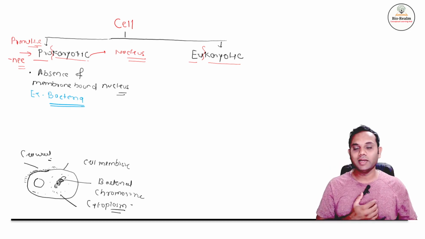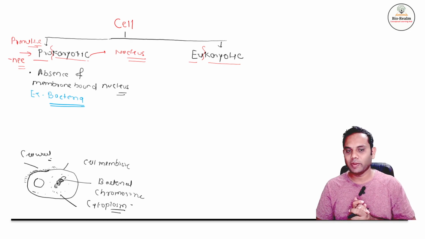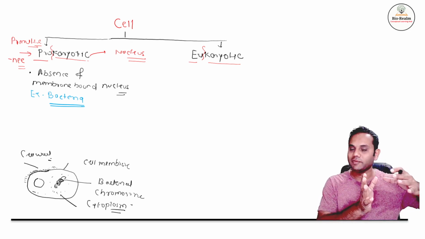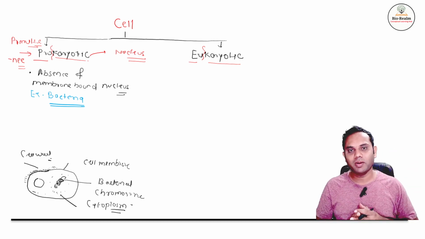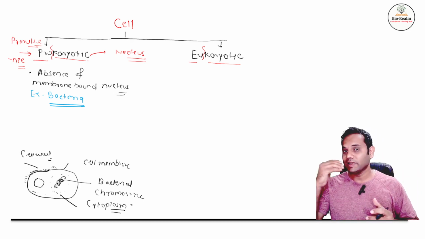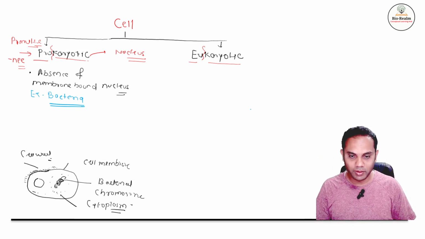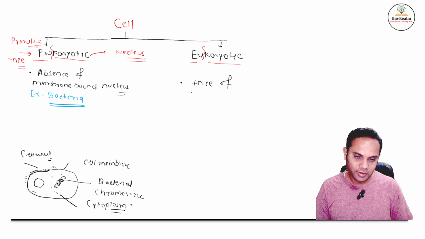Now, what are the peculiarities of this? First, let it get clear in your mind that the cells with absence of membrane bound nucleus are called prokaryotic cells, whereas in eukaryotic cells there is a presence of membrane bound nucleus.